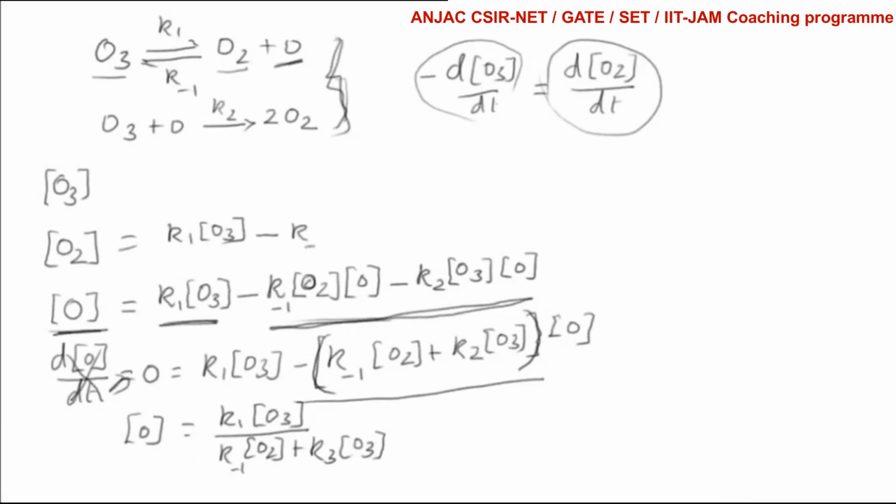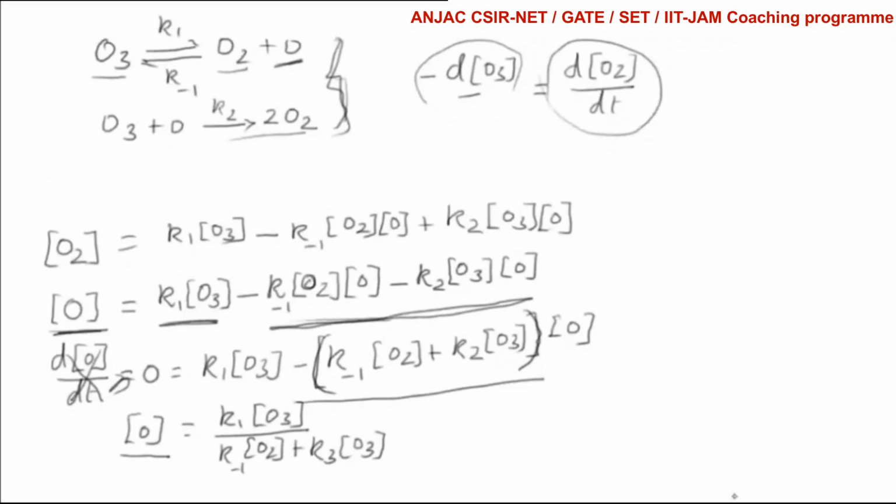And it is also formed in the second step, therefore plus k2[O3][O]. Now this rate law equation contains the transient species O. Substitute the concentration of O in this place, and you will get the rate law equation.